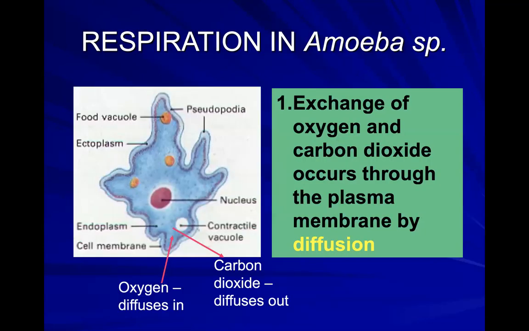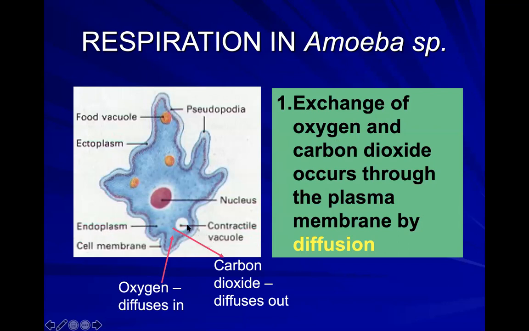Next is respiration. Here it says that respiration in amoeba occurs by simple diffusion, where the oxygen can easily diffuse in and carbon dioxide can easily diffuse out. So it is not like a human.